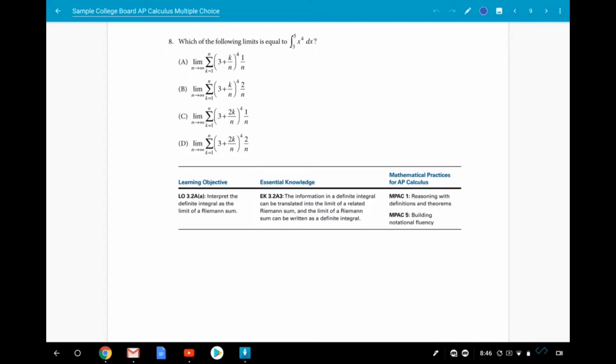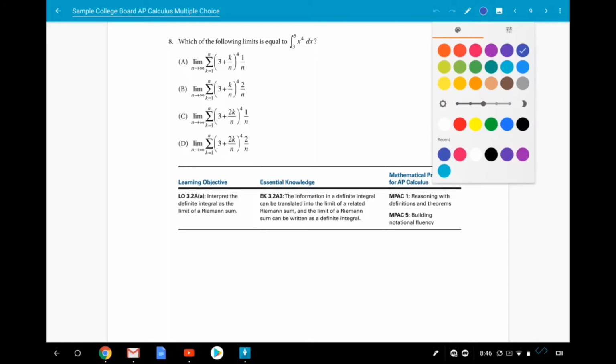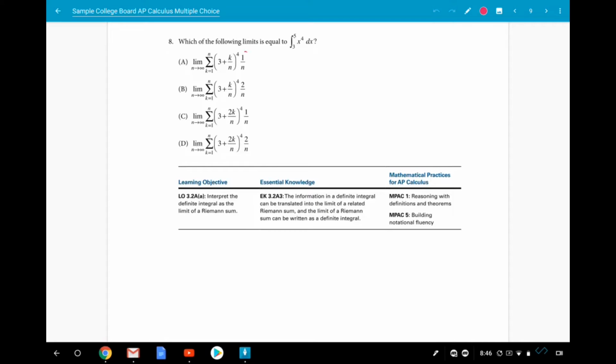The first thing is the number that you're going to be multiplying by right here has to equal the change in x, which is b minus a over n. Your a is 3 and your b is 5. So let's substitute that in. You're going to get 5 minus 3 over n, which is 2 over n.